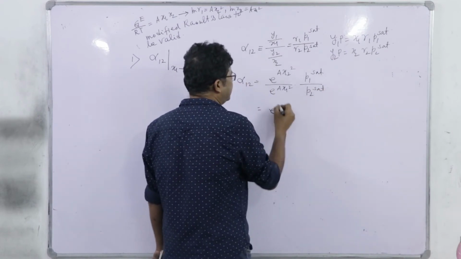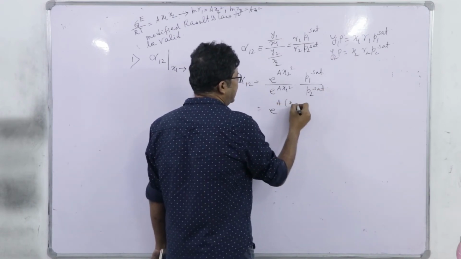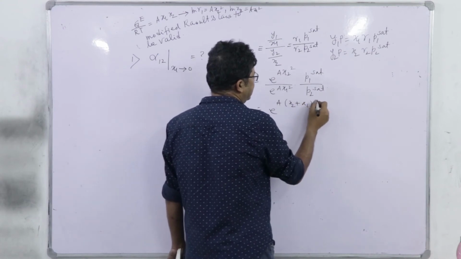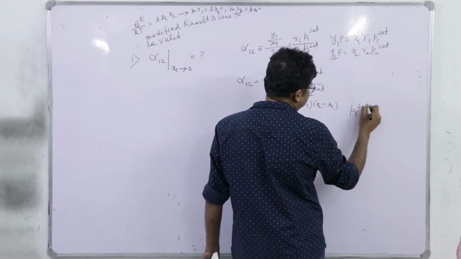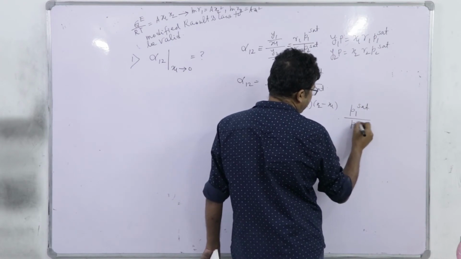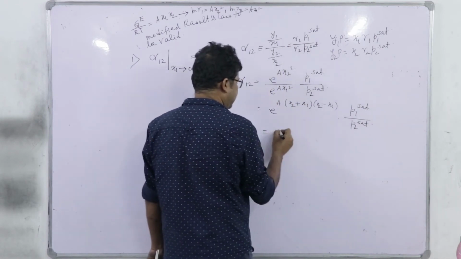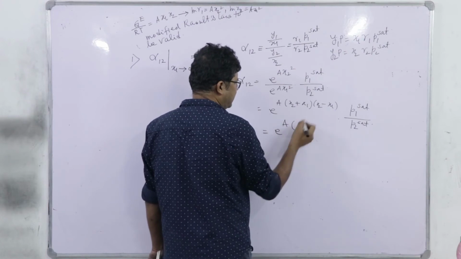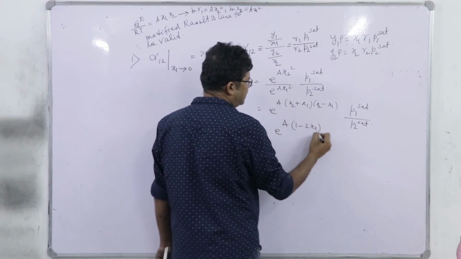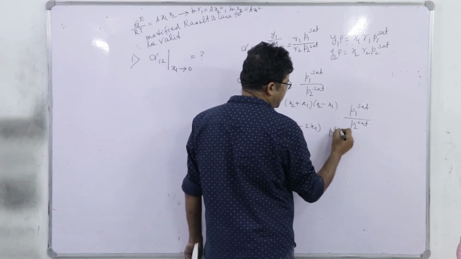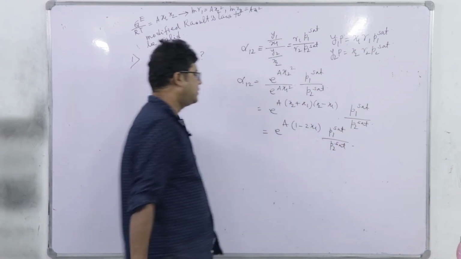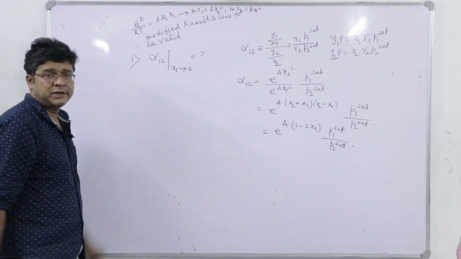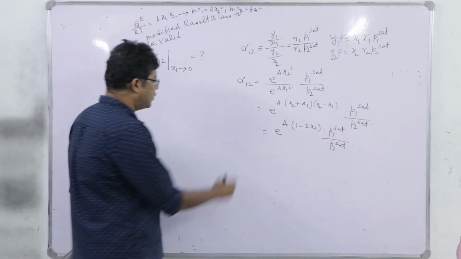So this becomes e to the power a into x2 plus x1 into x2 minus x1, into P1 sat by P2 sat. So this is e to the power a into 1 minus 2x1, as we have just solved, into P1 sat by P2 sat. Right? So next we have to put the limit x1 tending to 0.